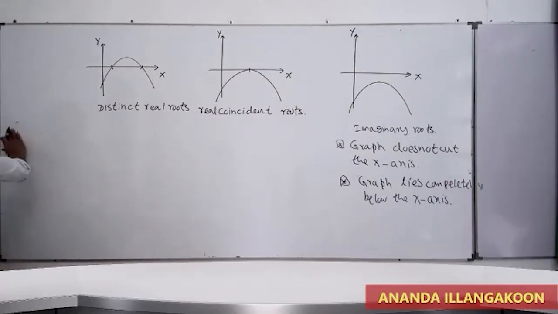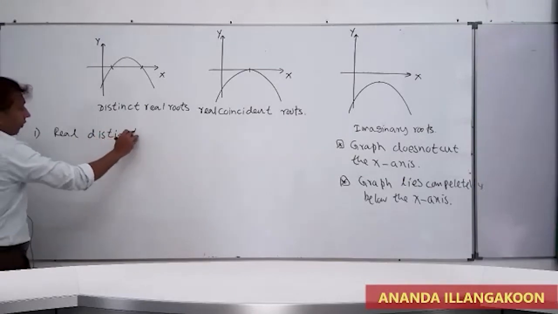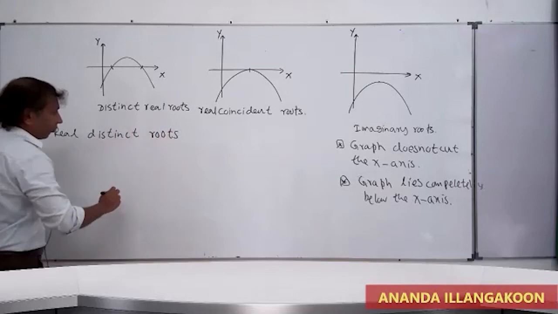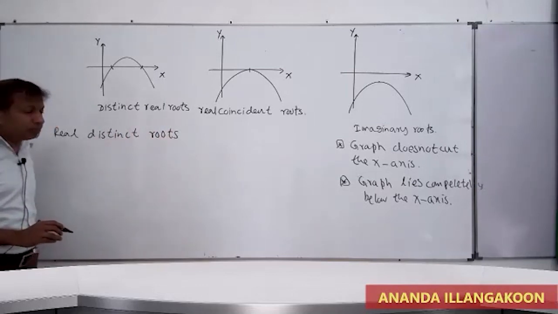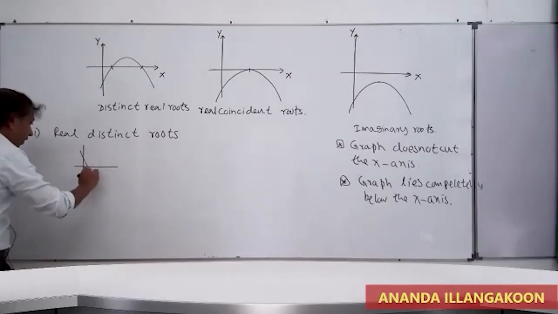Number 1, people: real distinct roots. If you draw the corresponding graphs, what are the graphs? This way, people. The graph cuts the x-axis at 2 points.